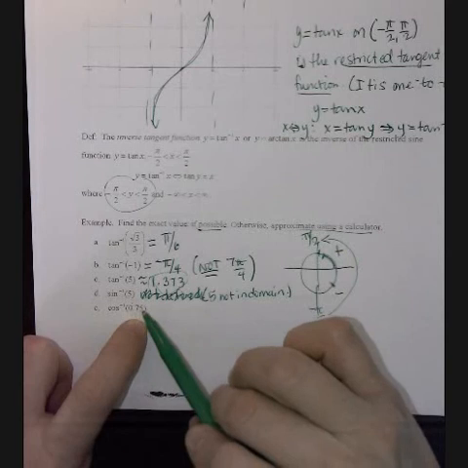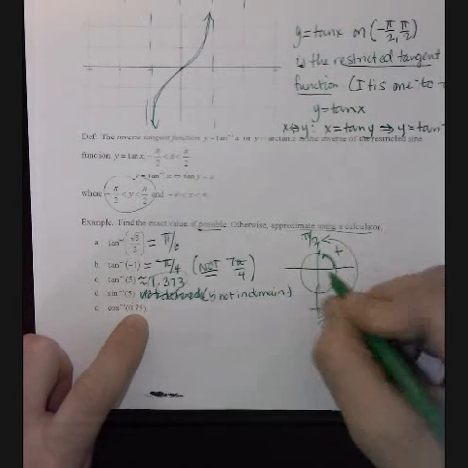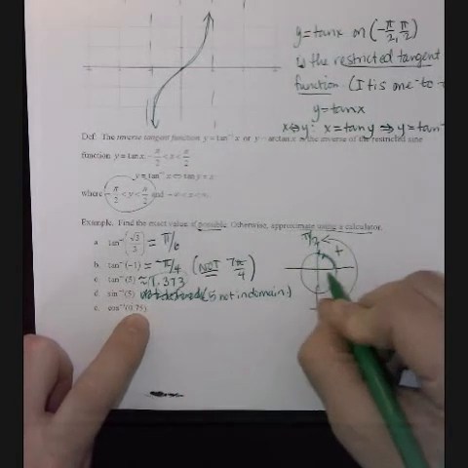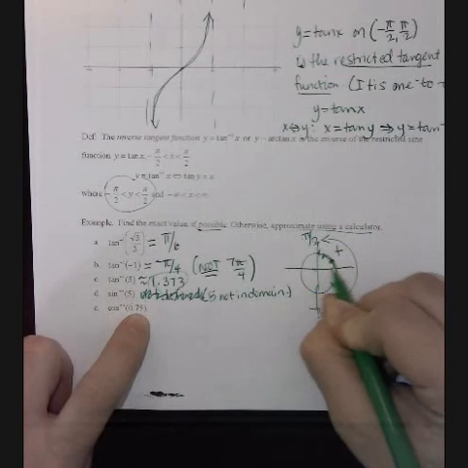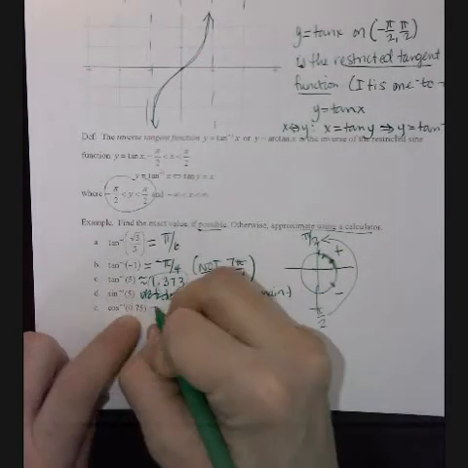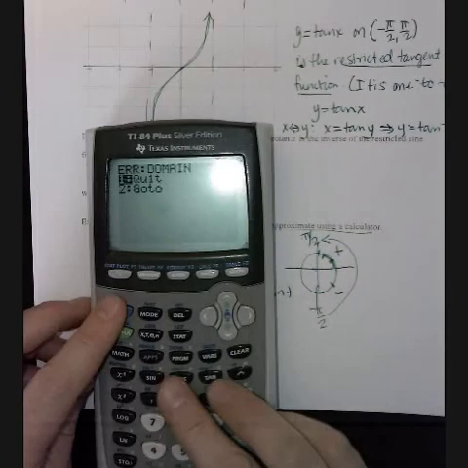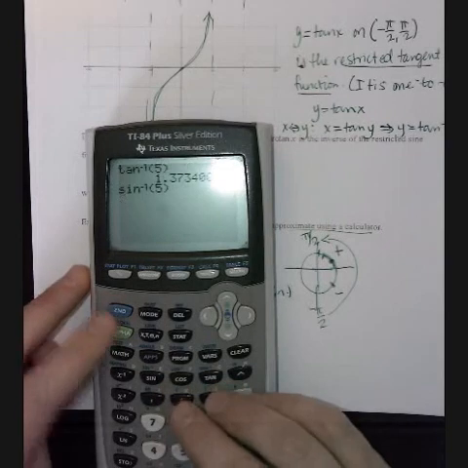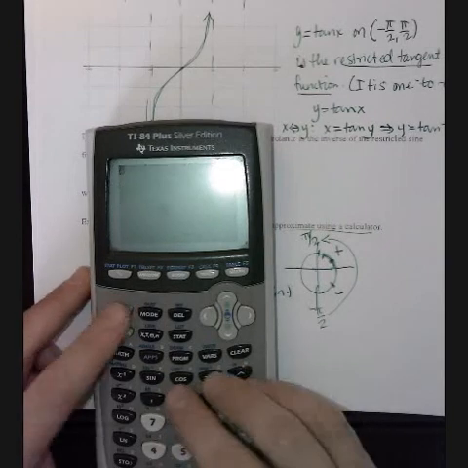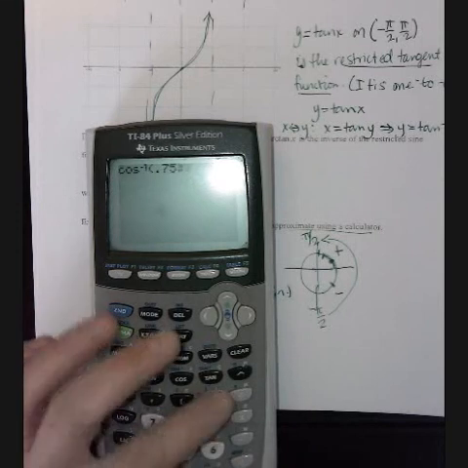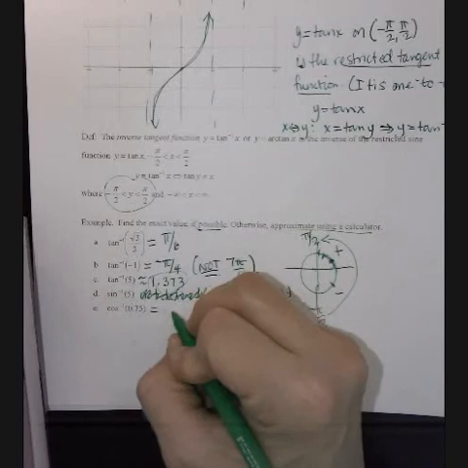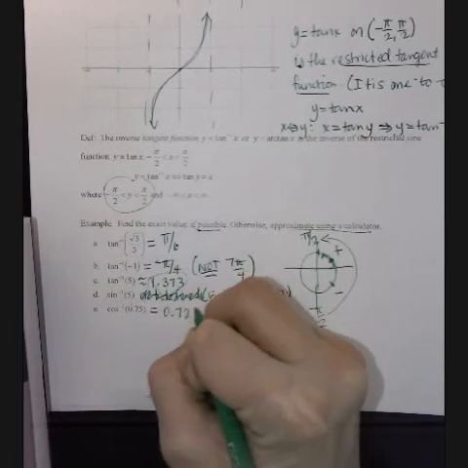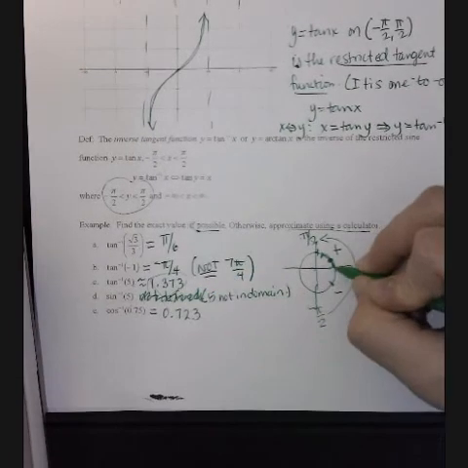If I were going to estimate, here's where x is 1. It's going to be somewhere here. That's 3/4 of the way to 1. But we'll use a calculator to approximate. Cosine inverse of 0.75 is about 0.723. So again, that's this arc length here. The output is the arc length.